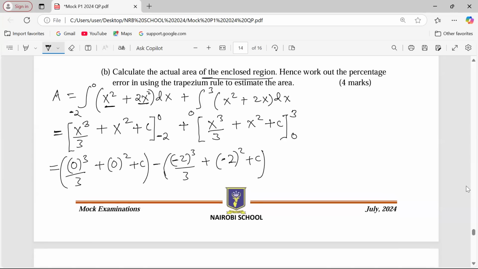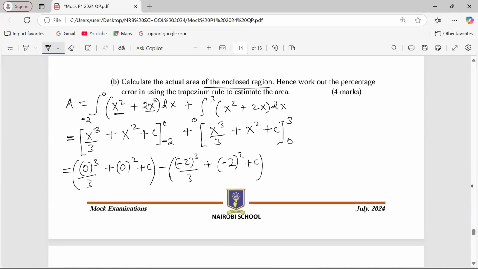So in this one, we will be getting c minus 1 1/3. The constant cancels, and we get -1 1/3.